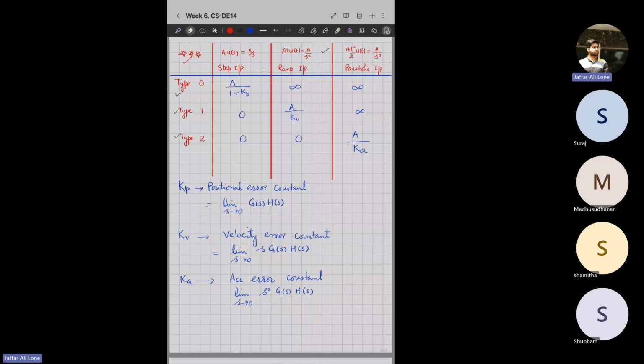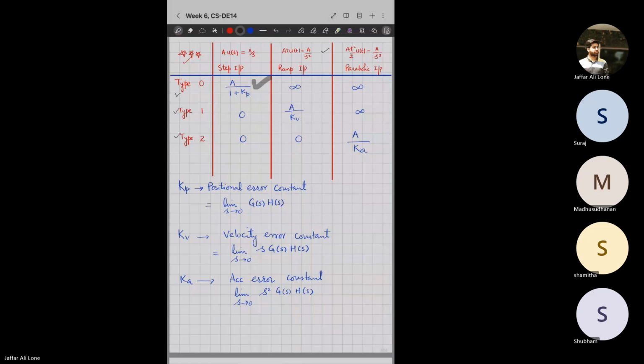Now see, when you have a type 0 system and a step input, then your steady state error is this. What is your steady state error?